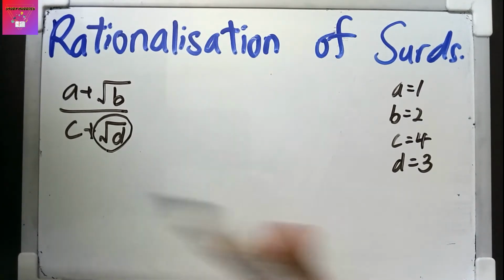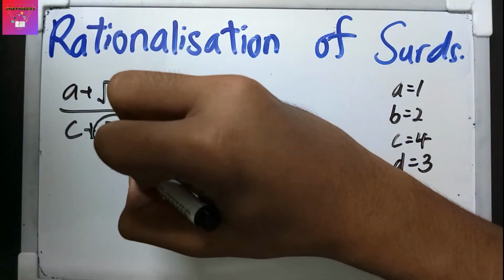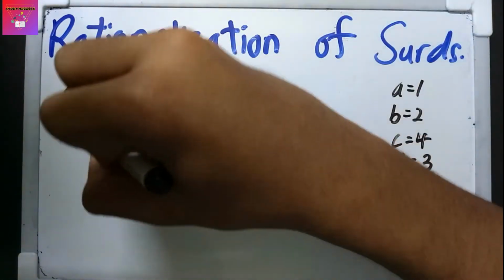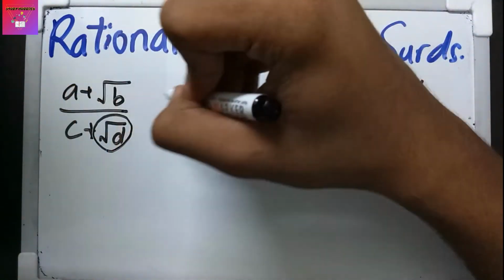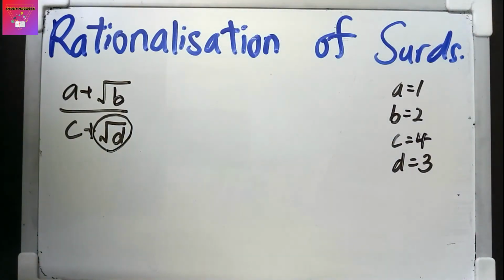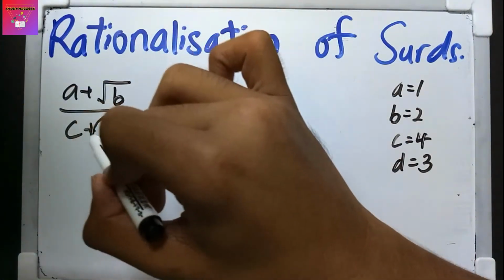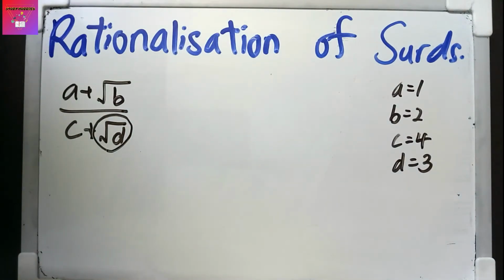Why can't we just directly proceed with the calculation, but rather simplify it in a much simpler way? Because logically you can't solve the equation if there are continuous surds down here; it is unable for us to continue with the calculation. Therefore, rationalization of surds is simplifying this equation, where we change the denominator to a rational number, so we would not have any surds or any other irrational numbers there.